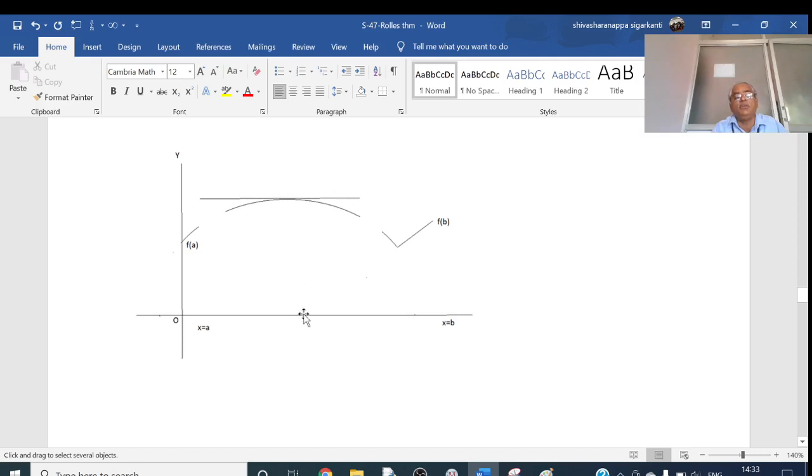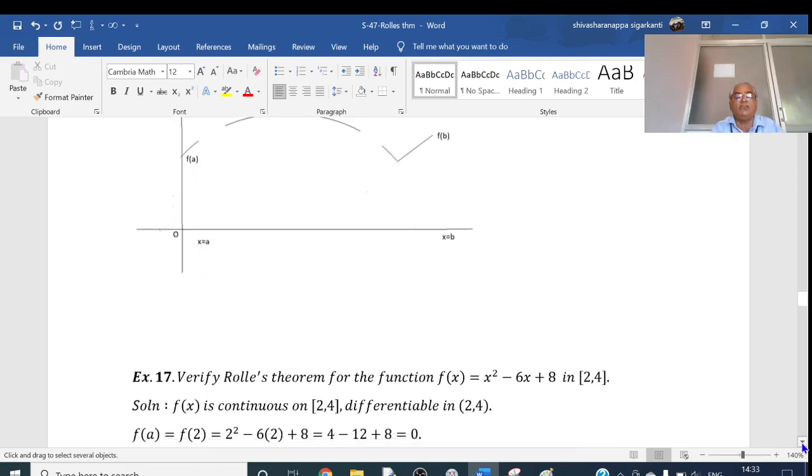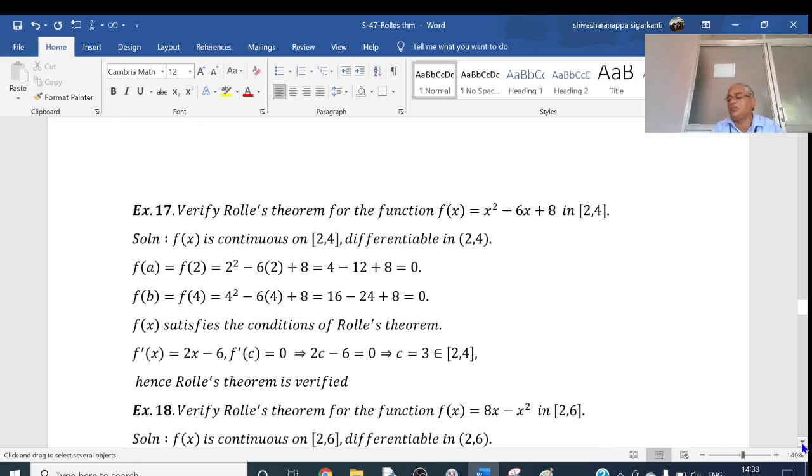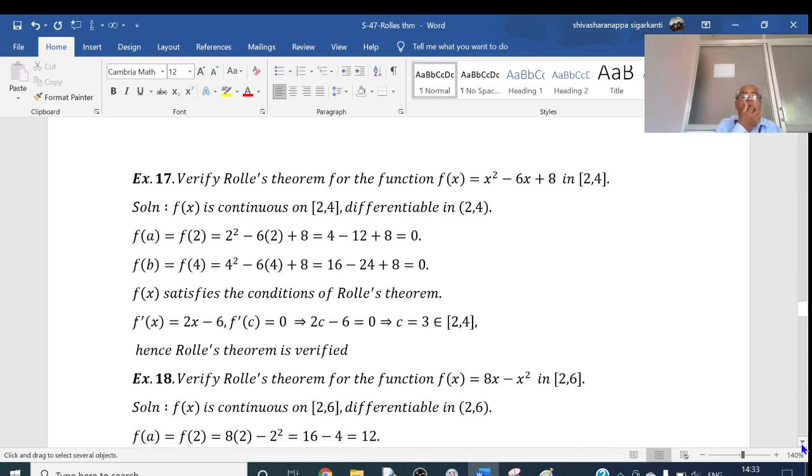There exists a point c belonging to AB with f dash of c equal to 0, but the function is not continuous in the closed interval AB, the function is not differentiable in the open interval AB, and f of a is not equal to f of b. That is, the conditions of Rolle's theorem are sufficient conditions, but not the necessary conditions.